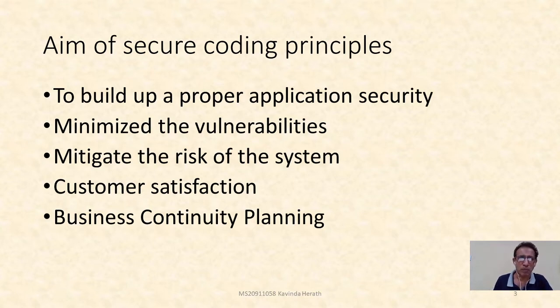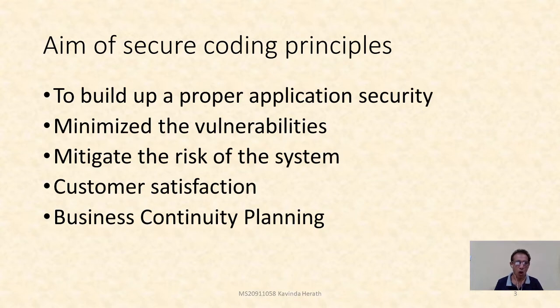Then build up a proper application security. That is a good principle. So minimize the vulnerabilities. There are plenty of ways we can think about it, and as principles we need to keep them always. We can't get zero vulnerabilities in a live environment, but we can minimize and mitigate the risk to the system and for customer satisfaction also.